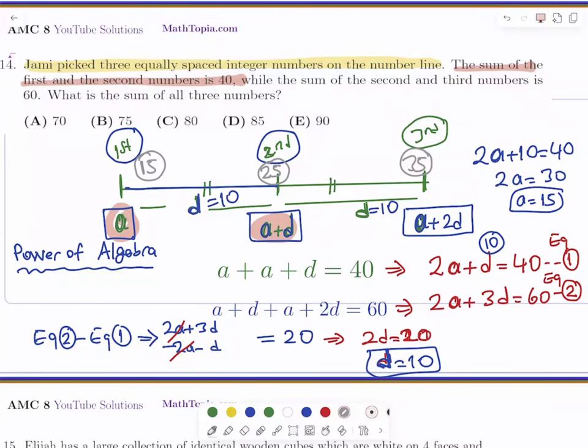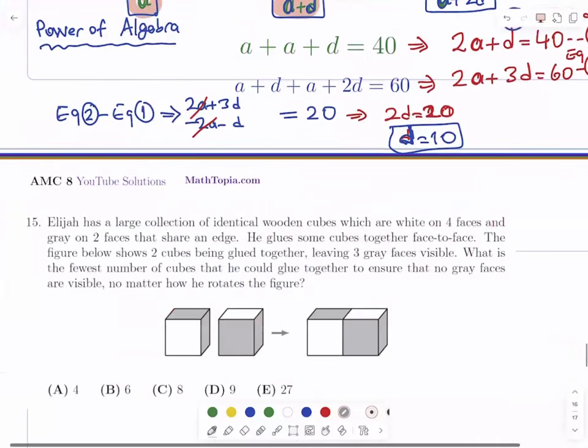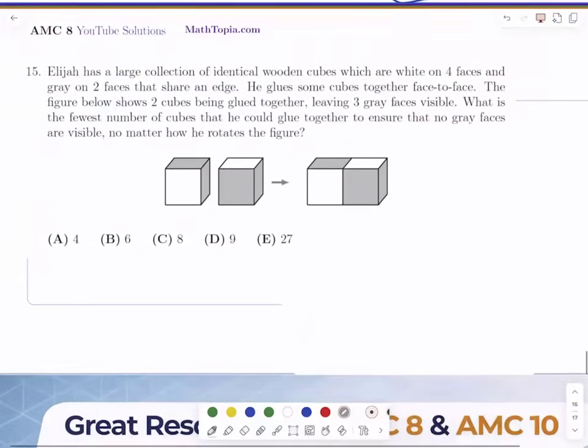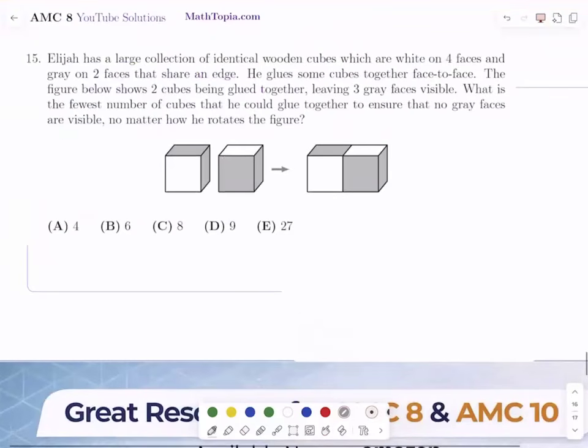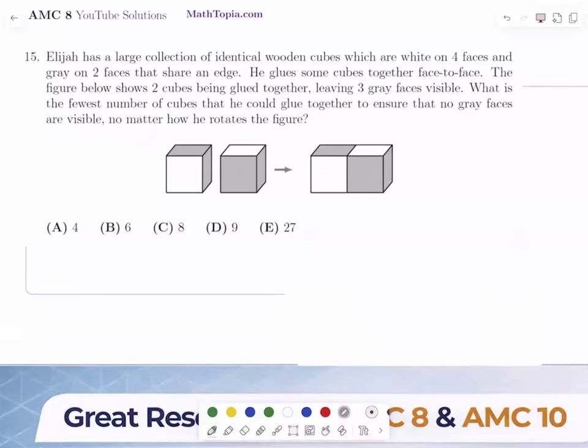Great. Now, Yusuf, I'm going to have you do this session's final problem solution, page number 15. Can you just quickly explain the problem, what's going on, and then start solving that?